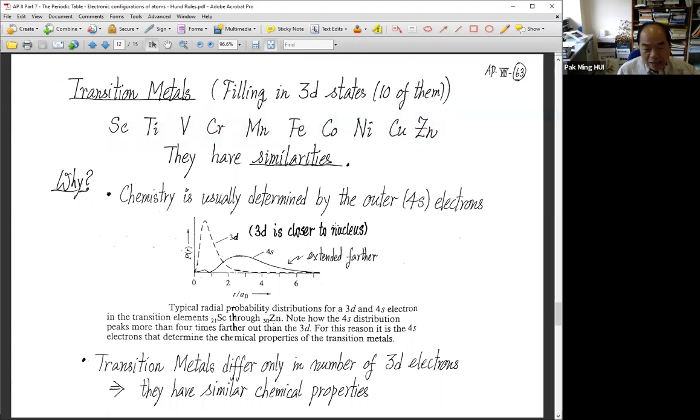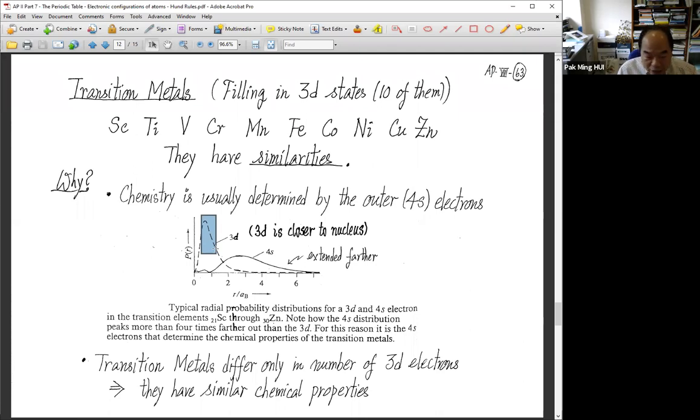The reason is that the 4s is filled, and then they start filling in the 3d2, 3d3, and so on, okay? And now, when you add electrons into the 3d, the electrons go into a kind of inner orbital.